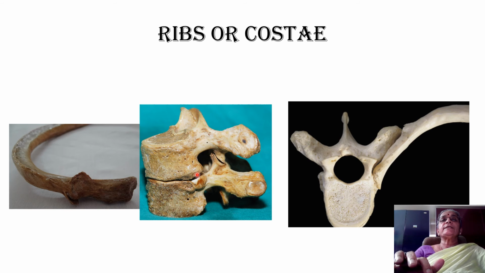These are the two facets in relation with the bodies of the vertebra: the superior facet of the head of the rib with the inferior facet on the vertebra above, and then the inferior facet, which is larger, will articulate with the numerically corresponding vertebra, the superior facet. And you can see the articulation of a rib with the vertebral body and transverse process.